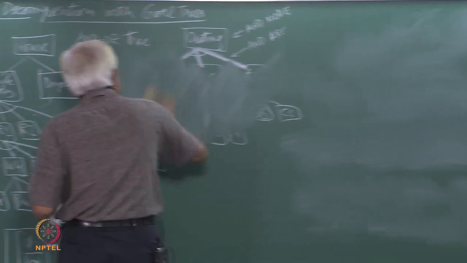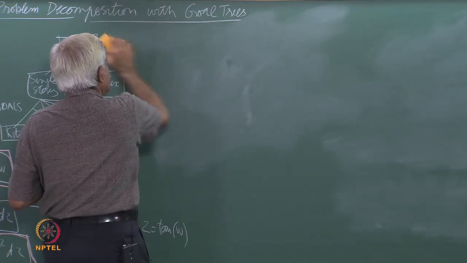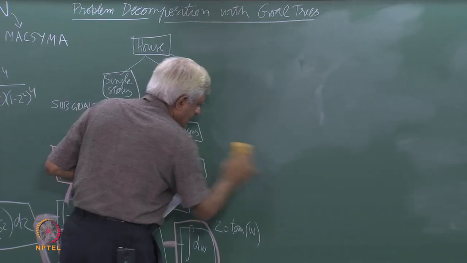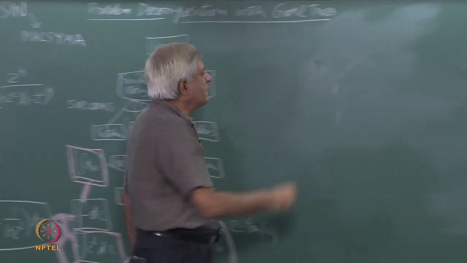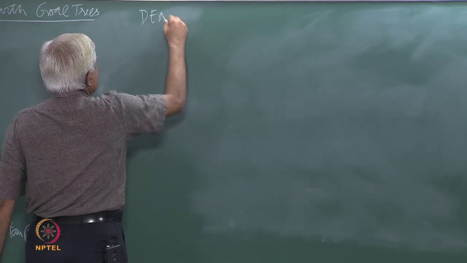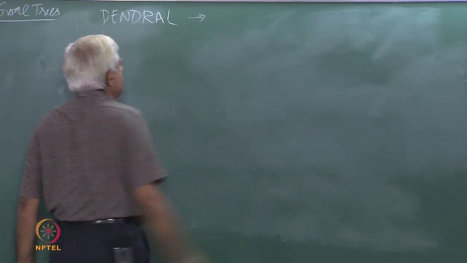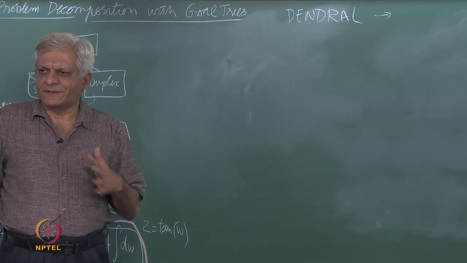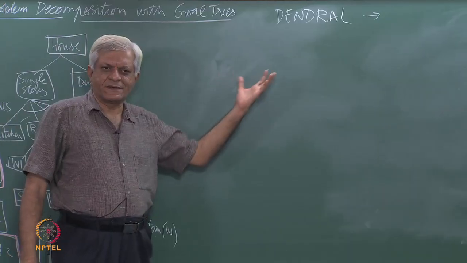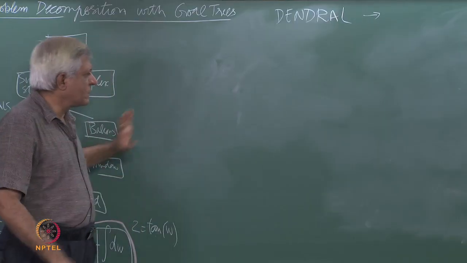And one of the first expert systems was this program called Dendrol. Some people say you can expand it to a dendritic tree algorithm or something like that, because it also generated an AND-OR graph which looked like that.